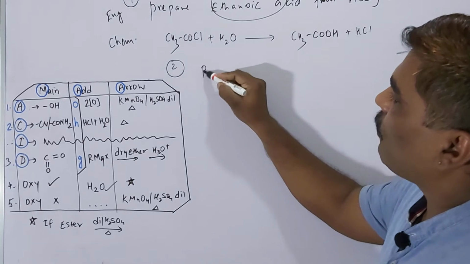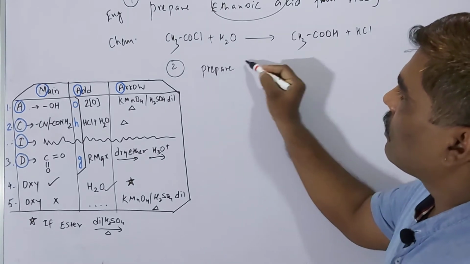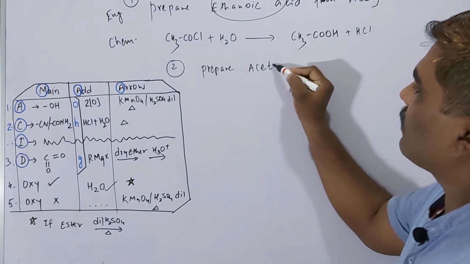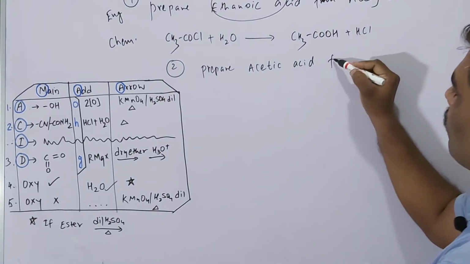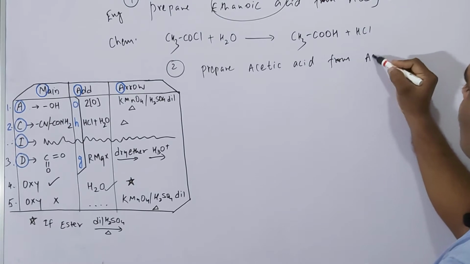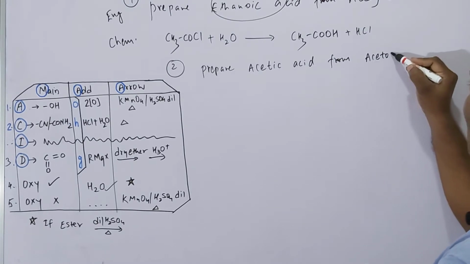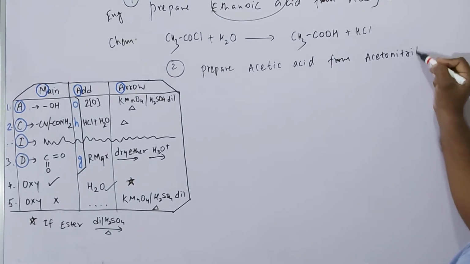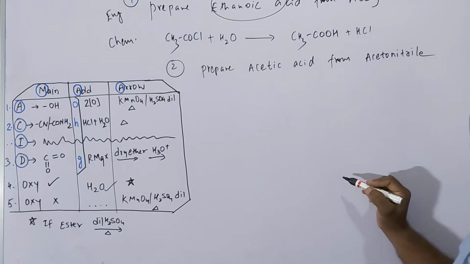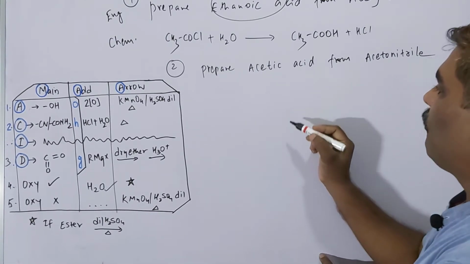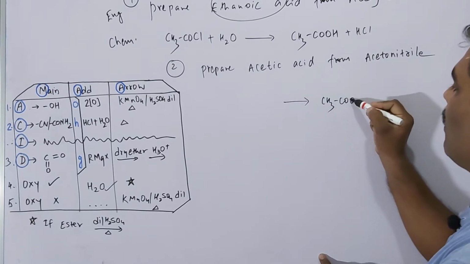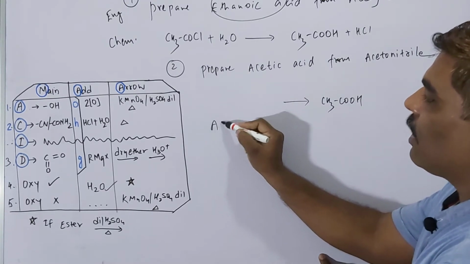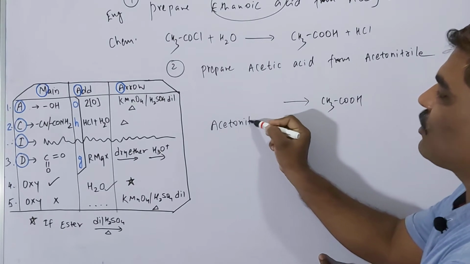We'll see one more here. Say again we want to prepare acetic acid from acetonitrile. Now again what we have to do is, first we'll write the arrow here. We want to prepare acetic acid from acetonitrile.